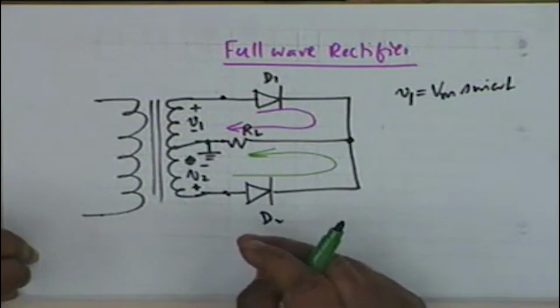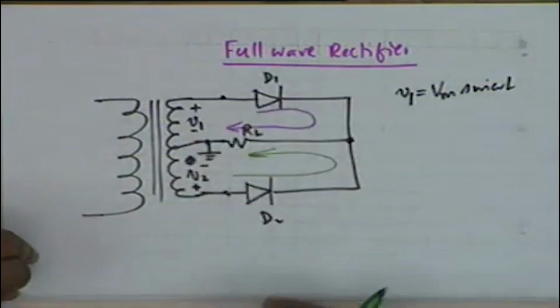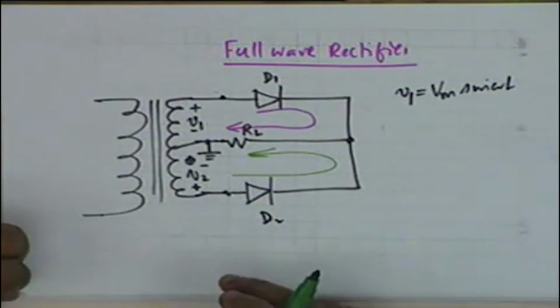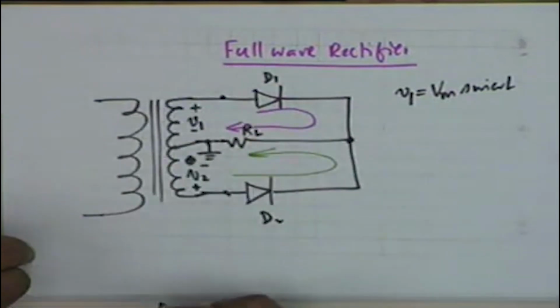So the bridge rectifier is favored, whereas this will be favored in critical applications where you will be prepared to spend the money required for a center tapped transformer.